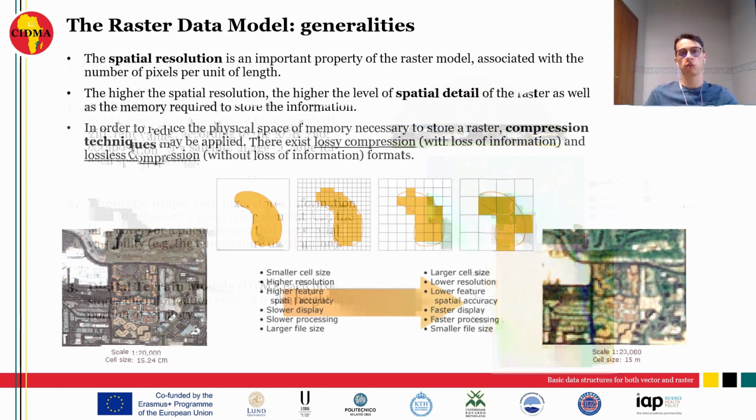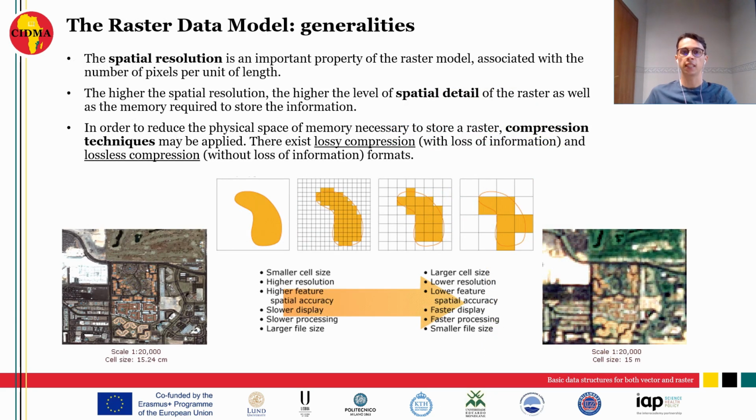The spatial or geometric resolution is an important property that characterizes raster data. It is associated with the number of pixels per unit of length, or equivalently to the number of columns and rows that constitute the raster.